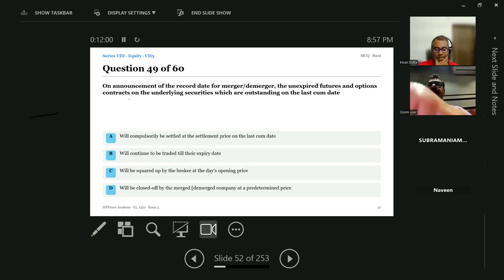Next. This is a little tricky, so let's understand it. There is a market action happening: on the announcement of the record date for a merger or demerger of a company, the unexpired futures and options contracts of the underlying securities which are outstanding on the last cum date, what is going to happen to those contracts?